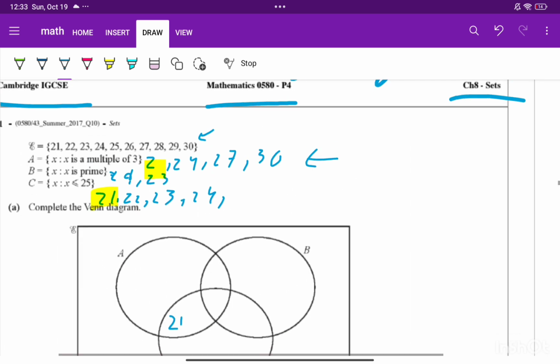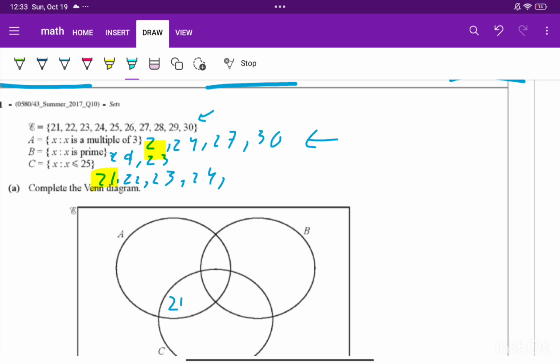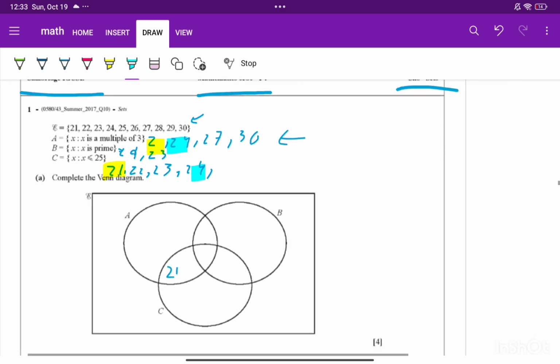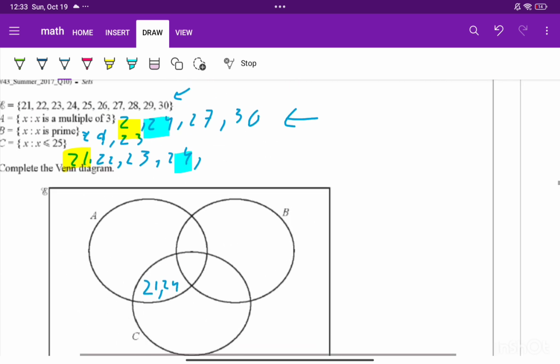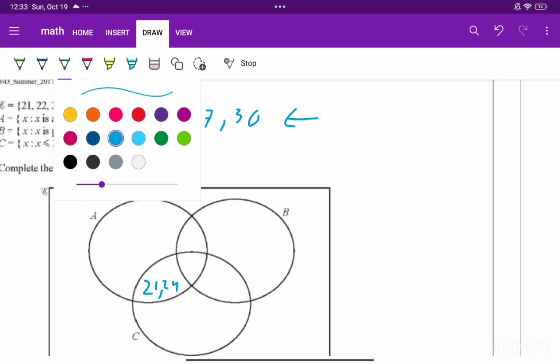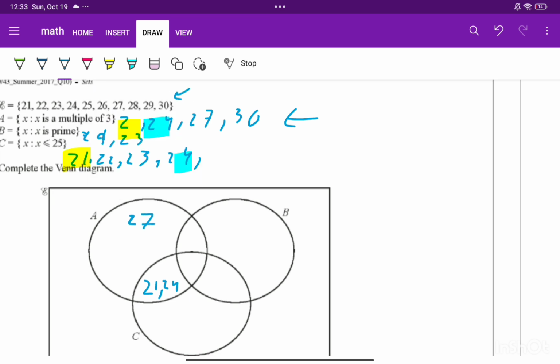And then 24 is also common. And 27 is not common, so we will add 27 over here. 30 is also not common, so we will add it over here.